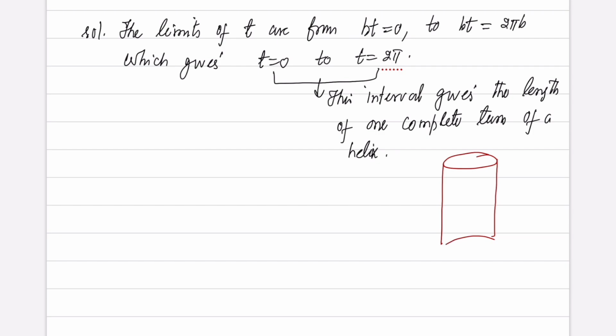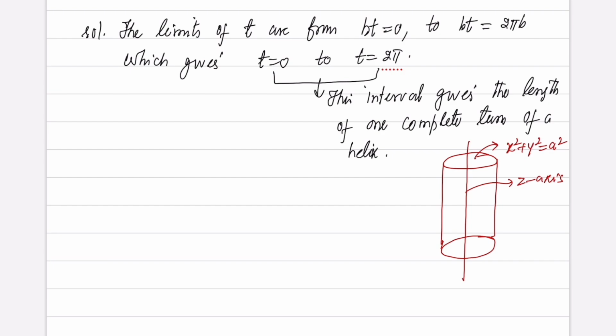Let this be the right circular cylinder. This circle will have the equation x square plus y square is equal to a square, and this vertical axis is the z-axis. The circular helix is a spring-shaped figure that wraps around this cylinder. Suppose it starts from here, then it rolls like this. That is the shape of a circular helix.